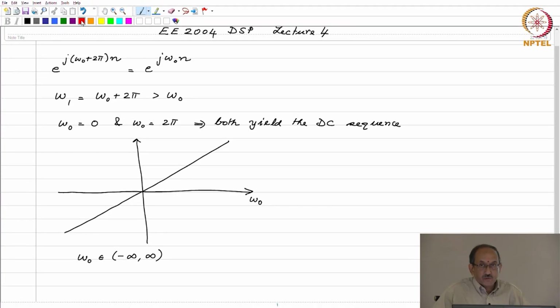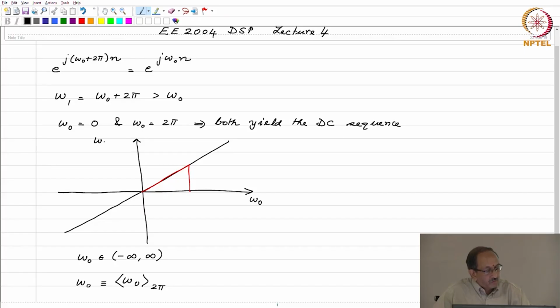However, as far as the signal is concerned, because omega naught and omega naught plus 2 pi are the same frequency in terms of the signal that is being produced, you can replace omega naught by omega naught mod 2 pi, and if you plot omega naught mod 2 pi, this is what you get.